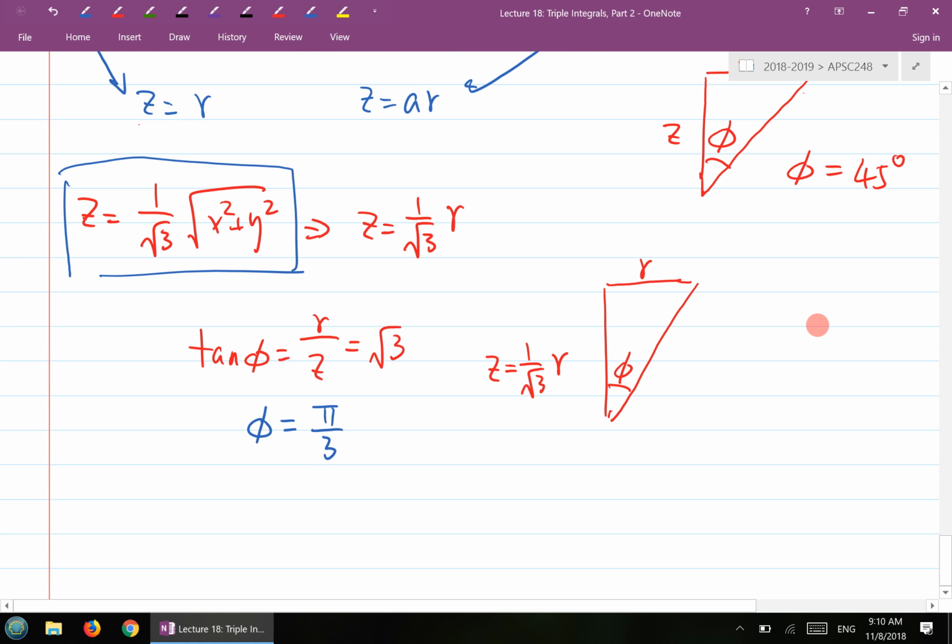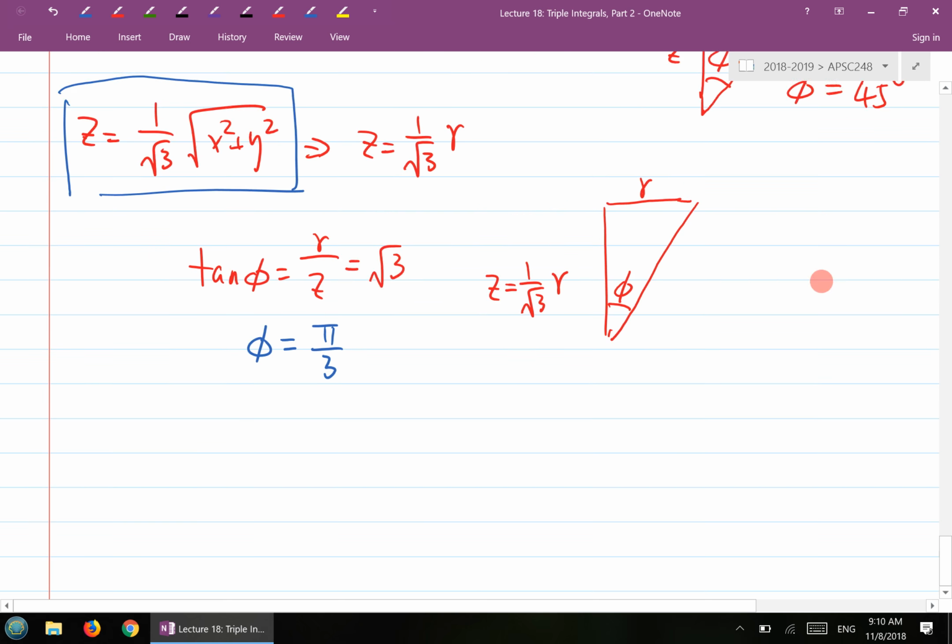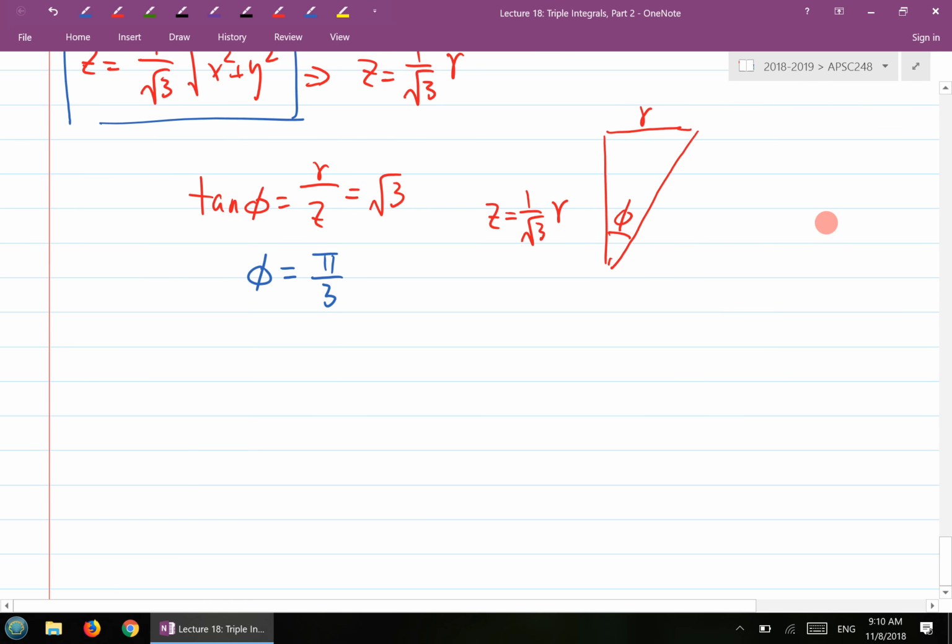All right. Now, if I'm going to do some kind of a triple integral involving this cone, I'll redraw the cone over here.